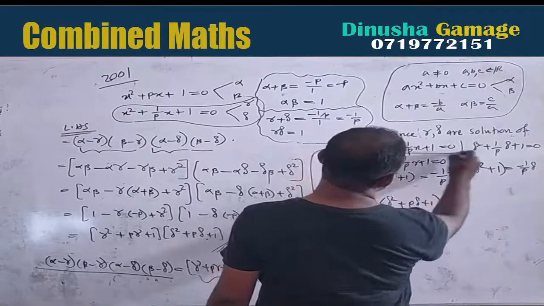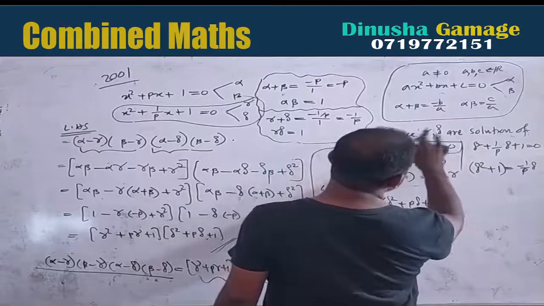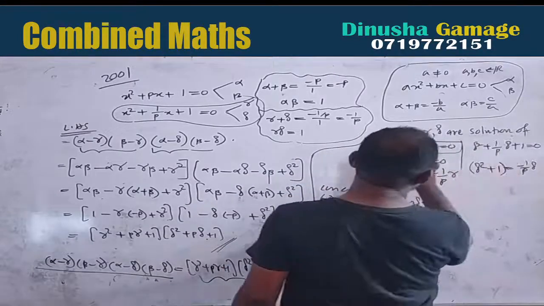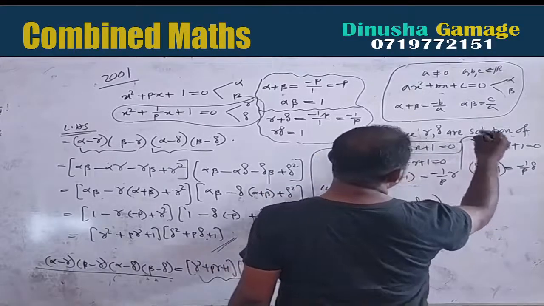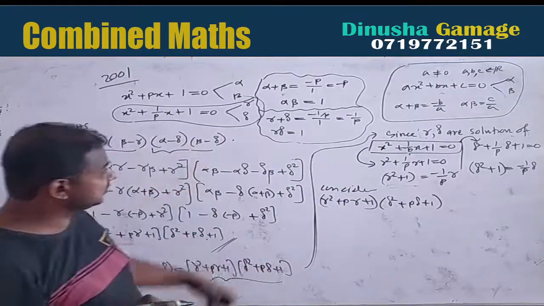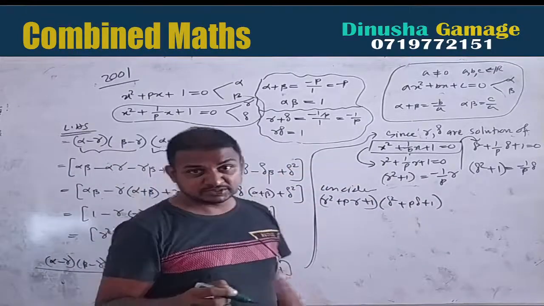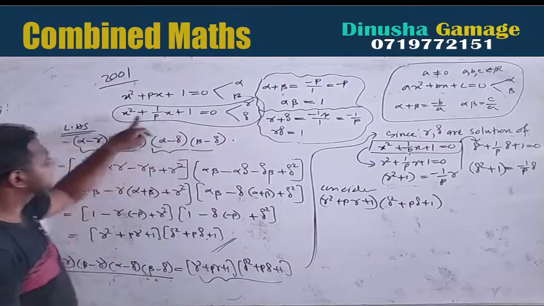Right. I consider this equation. So since gamma and delta are the solutions of this, these two can be written. I can substitute gamma square into this equation. Definitely it must be satisfied because gamma and delta are the solutions of this equation.